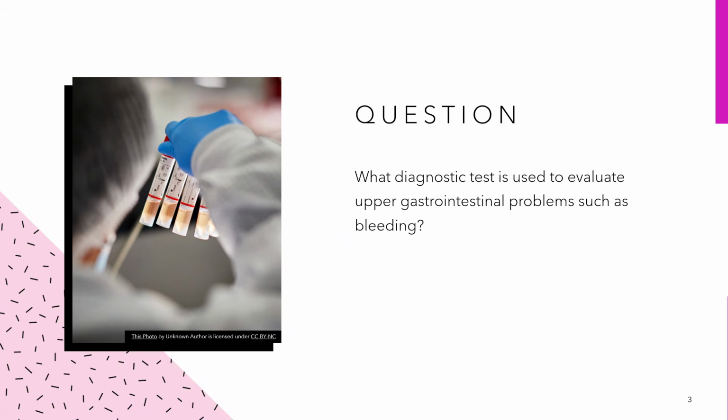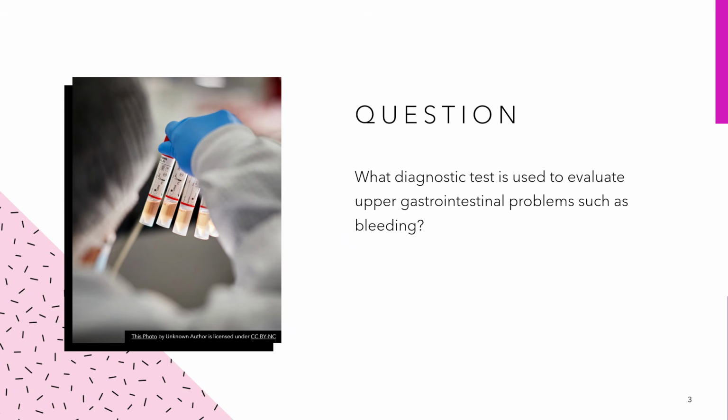Right. So referring back to some of our diagnostic tests, what diagnostic test is used to evaluate upper gastrointestinal problems, such as bleeding? We usually use an EGD, so that's the camera, right? The camera that goes down the throat, and it allows us direct visualization of the esophagus, the stomach, and the duodenum to identify any type of bleeding or ulcers, maybe some tumors.